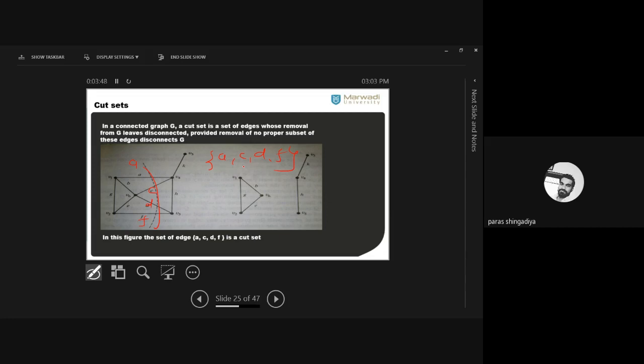Define any subset of the universal set A, C, D, F: A, C, D only, A, C, F only, C, D, F only. Check each subset on this graph, remove those subset edges from the graph, and see whether the graph gets disconnected or not. If it is not disconnected, this is an example of a cut set. So this way we can verify whether any example is a cut set or not.